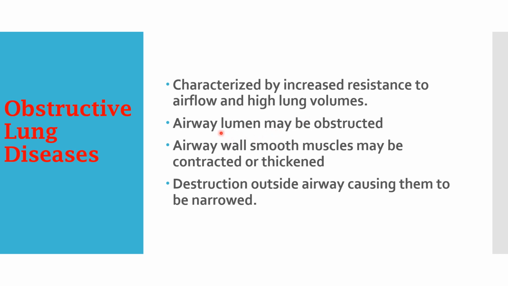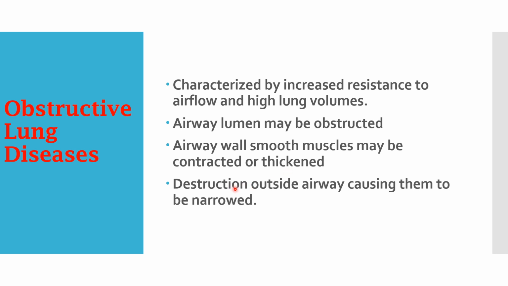The airway lumen may be obstructed either partially or completely by excessive secretions like in chronic bronchitis, or edema fluid, or aspiration of food and fluids. Then the airway wall smooth muscles may be contracted like in asthma, or thickened because of inflammation and edema in bronchitis.